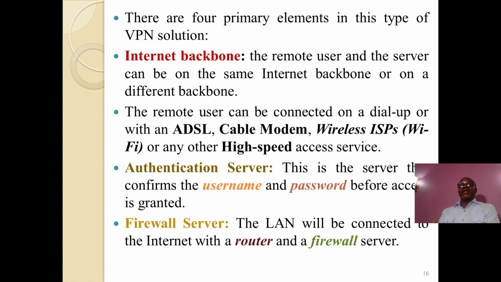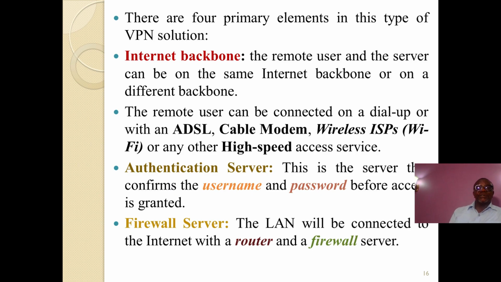There are 4 primary elements in this type of VPN solution. One is the internet backbone. The remote user and the server can be on the same internet backbone or on a different backbone. The remote user can be connected on a dial-up or with an ADSL or cable modem, can be wireless ISPs, that is Wi-Fi, or any other high-speed access service.